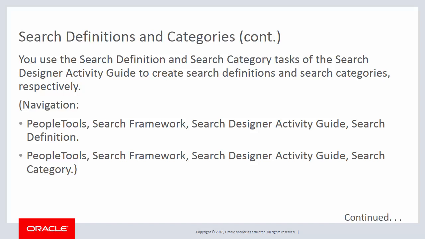This presentation does not describe all the steps to create a search definition or search category. Please refer to the 856 Search Technology Online Help for detailed instructions. You use the Search Designer Activity Guide to create search definitions and search categories. The navigation to the respective pages is provided on the screen.